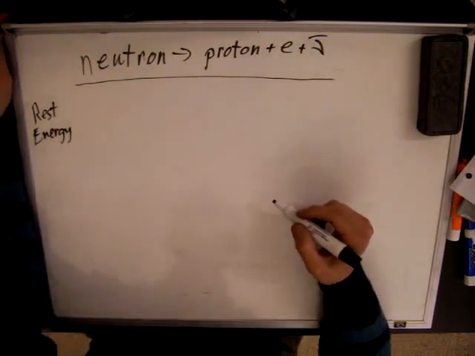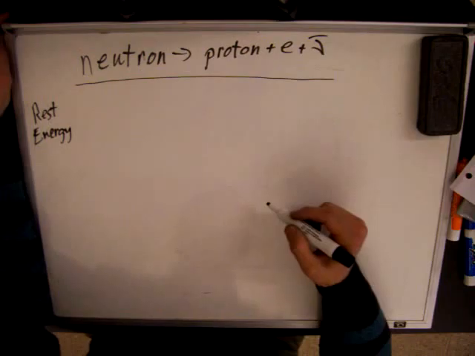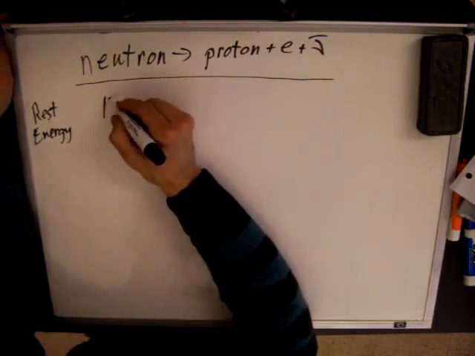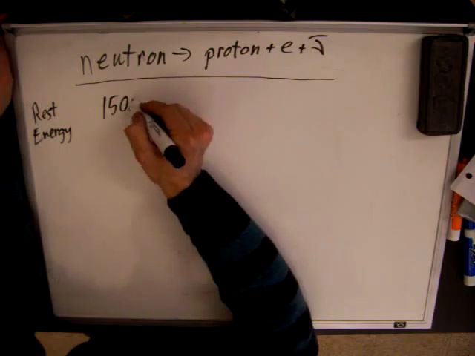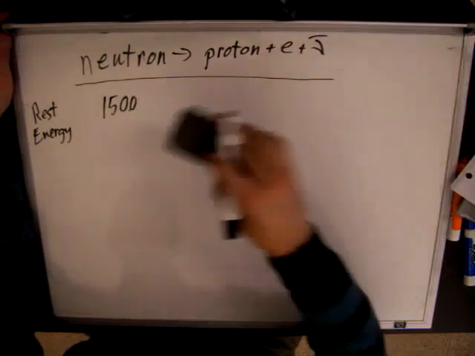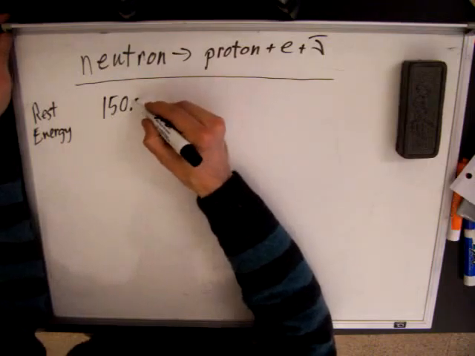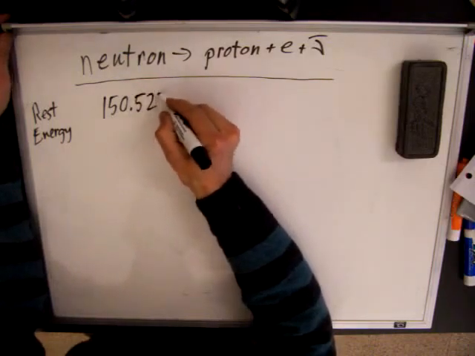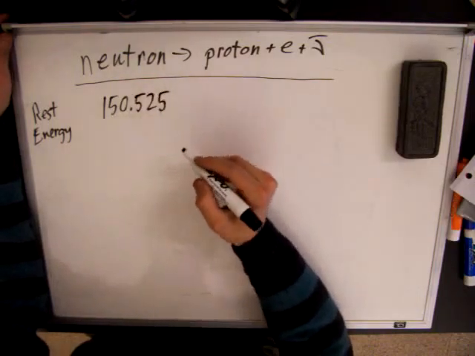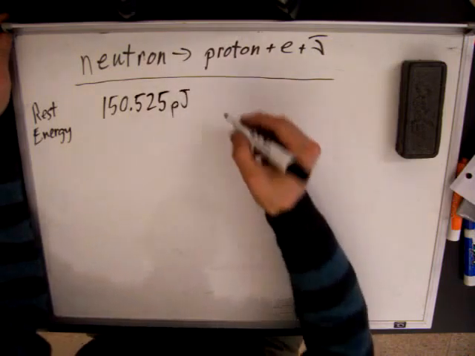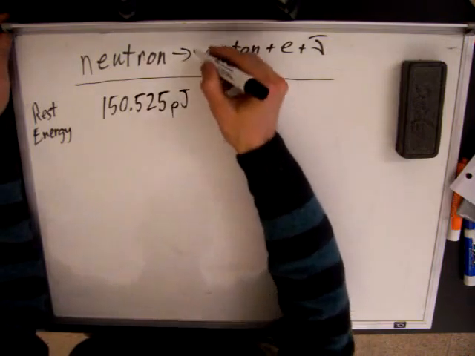So what is the rest energy of the neutron? Rest energy of the neutron is 150.525 picojoules. I'm not going to write that down everywhere, but all these numbers will be in picojoules.